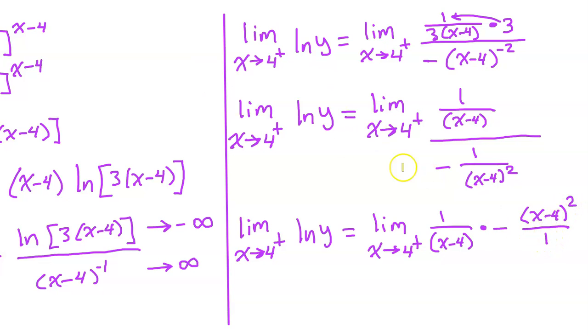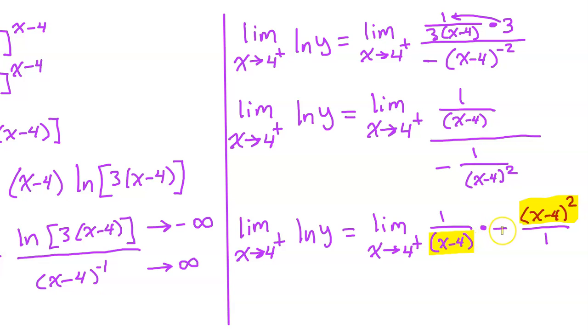Hopefully you can see that we have x − 4 in the denominator, and then we have 2 factors of x − 4 in the numerator. So the x − 4 in the denominator is going to cancel out 1 of the x − 4's in the numerator, and that will leave x − 4.